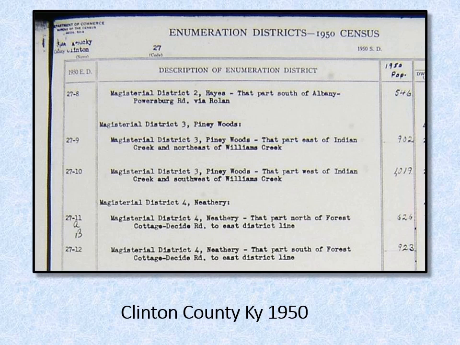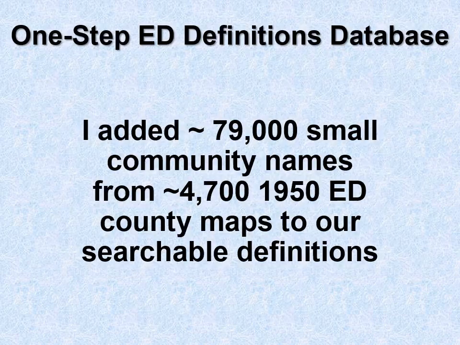Anything in these definitions that we transcribed are searchable. In addition to that, because the 1950 ED definitions dropped the number of unincorporated communities that showed on the 1940 definitions, I went back over the county maps, and anywhere where I thought there was a community, I added the names to our definitions.